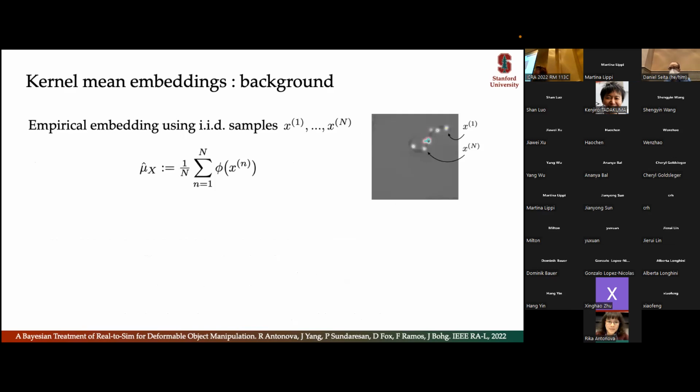And so now, from theory to practice, we're going to apply this to what happens if we actually have key points. These are a finite number of samples of our probability distribution that we don't observe, of the deformable object. So first of all, we're going to convert this abstract embedding into an empirical embedding with IID samples. And this just means that we're going to be treating our key points as just samples.